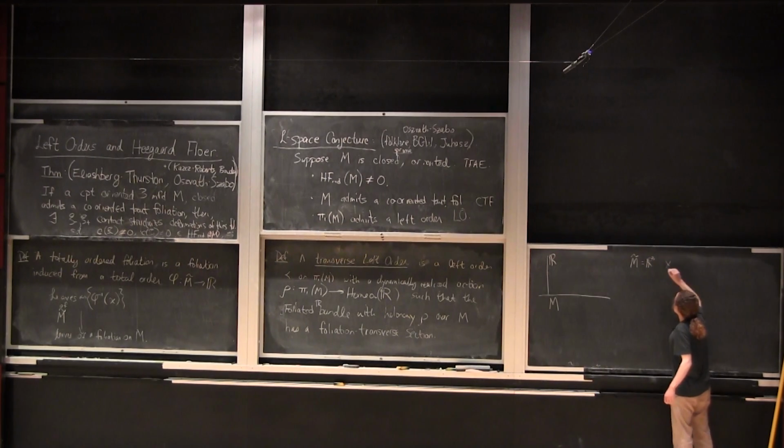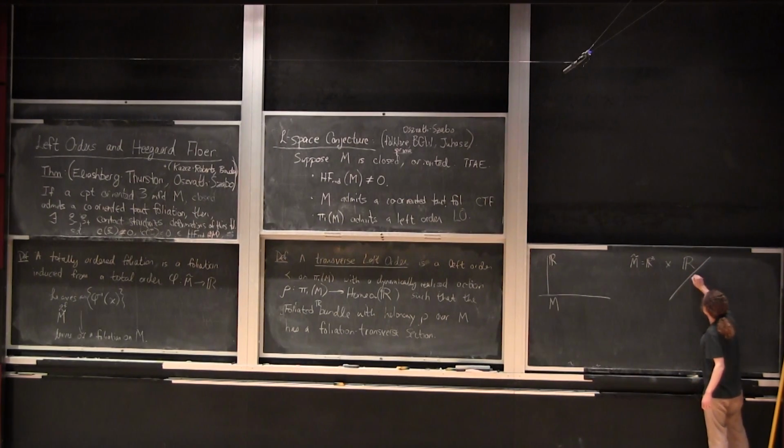And then I multiply that by R, and then I mod out by the action, so right action, given by rho on the real line and by deck transformations.